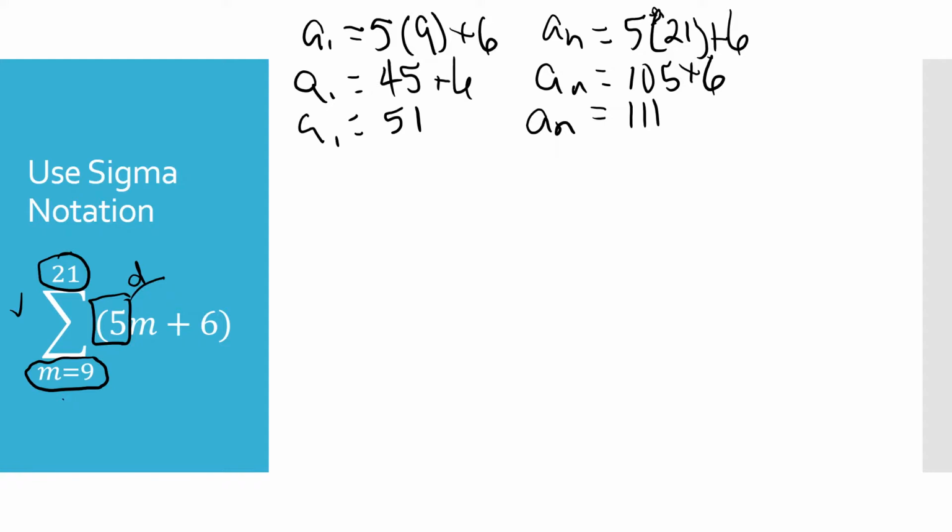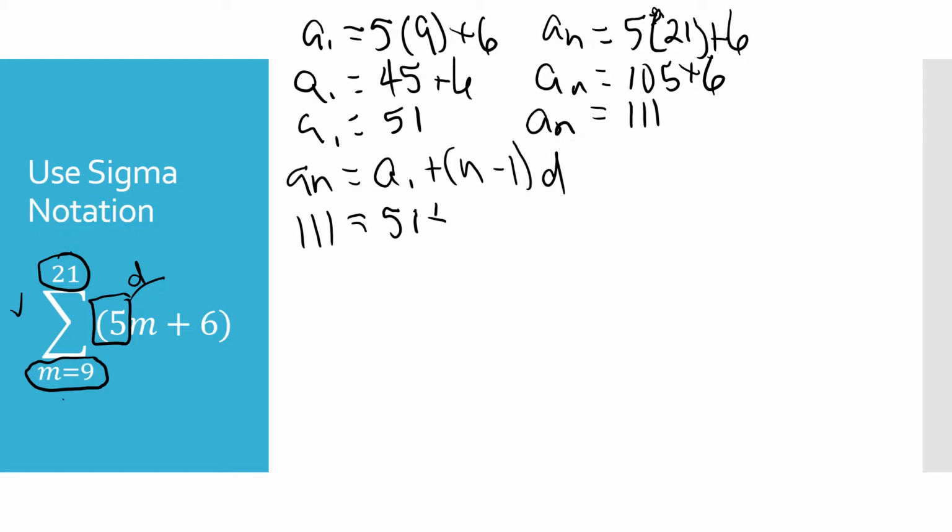So you may remember if we go an equals a1 plus n minus 1 times d. So let's substitute in. an is 111 equals 51 plus n minus 1 times 5, our common difference. And 111 equals 51 plus 5n minus 5.